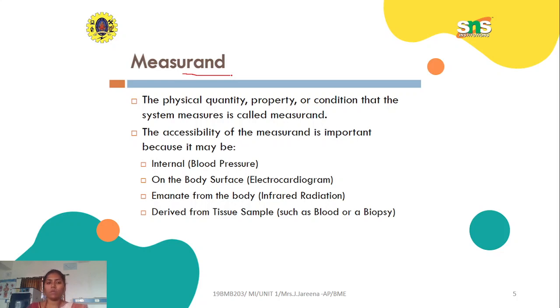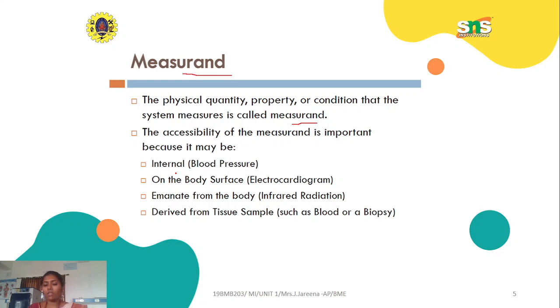So we know what is meant by measurement. That is nothing but the physical quantity, property, or condition that we would like to measure. Here we have to look carefully at the accessibility of this measurement, which is very important.